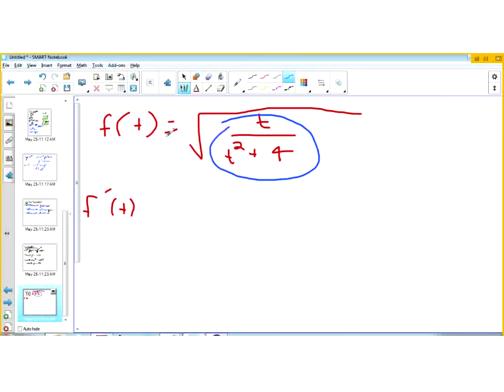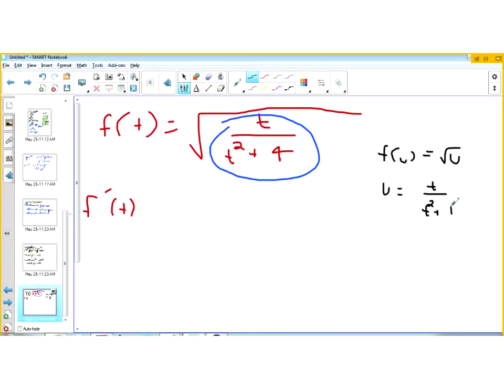In this case, a useful technique is to let f of u equal the square root of u, and let u equal the function of t.